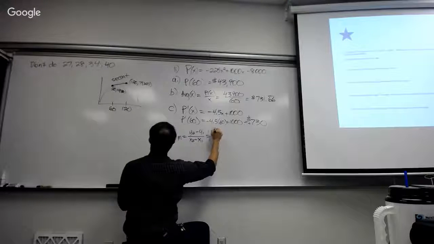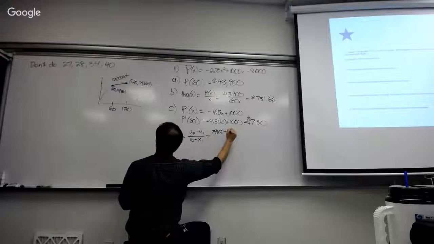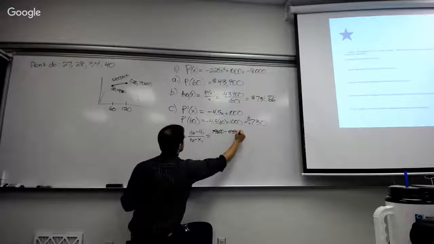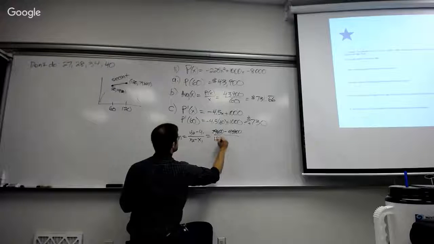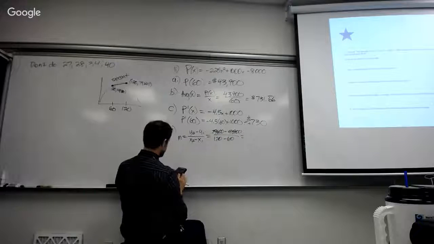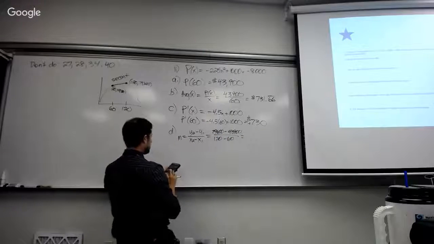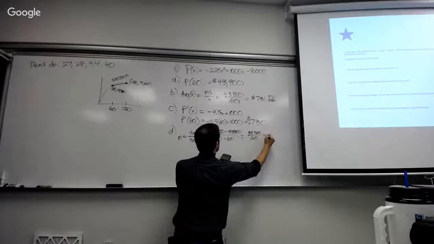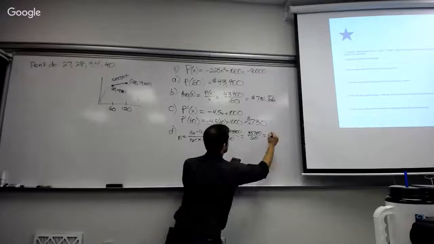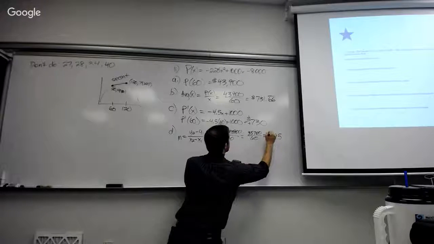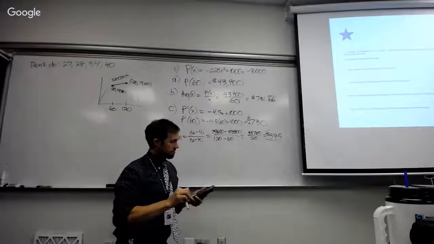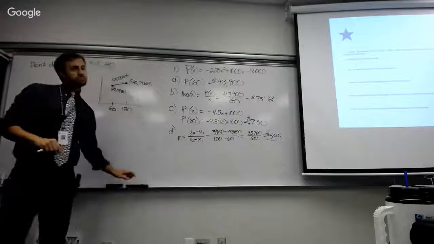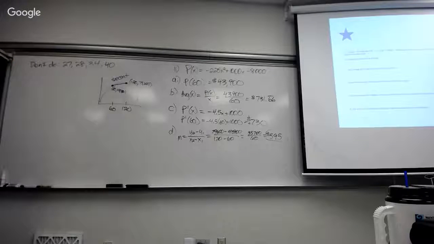So that would be 79,600 minus 43,900 all over 120 minus 60, which is $595. That was the rate that profit changed on average when you went from 60 to 120.